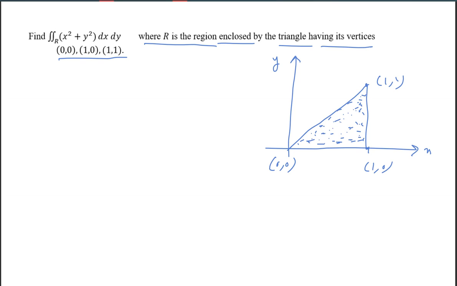So how can you represent this region in mathematical way? What will be your R? Try to make it clear. R is the set of all points (x, y) such that x belongs to 0 to 1 and y belongs to 0 to 1, is it true? Okay, x belongs to 0 to 1, correct.